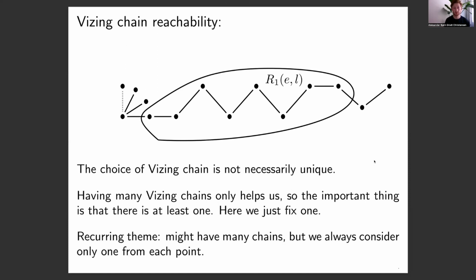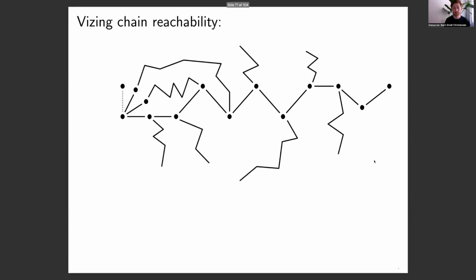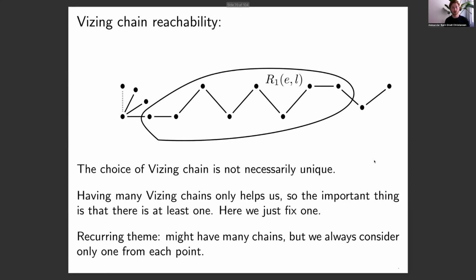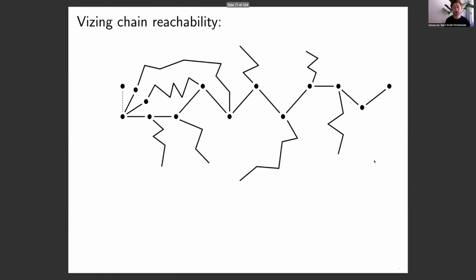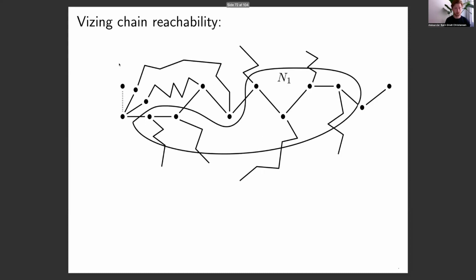Anyways, now we can consider truncating our Vizing chains at all of the points that we can reach in R1, and look at the Vizing chain extensions constructed as we did earlier. Some of these constructions might go back and overlap with our fan and be annoying, so we won't wish to continue extending through these points. We're going to call them bad extension points.